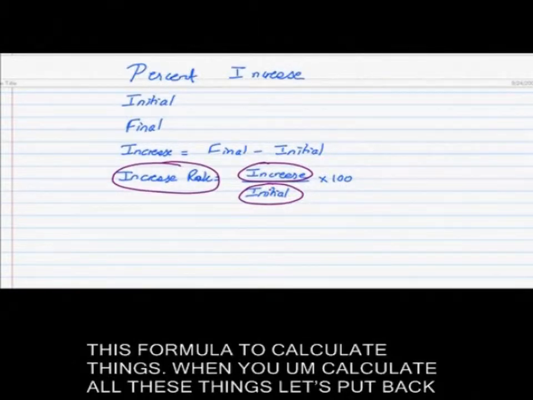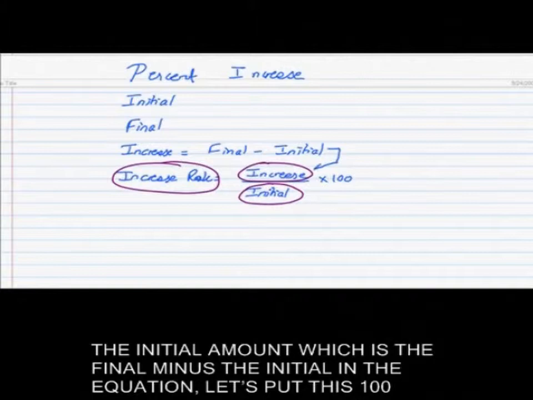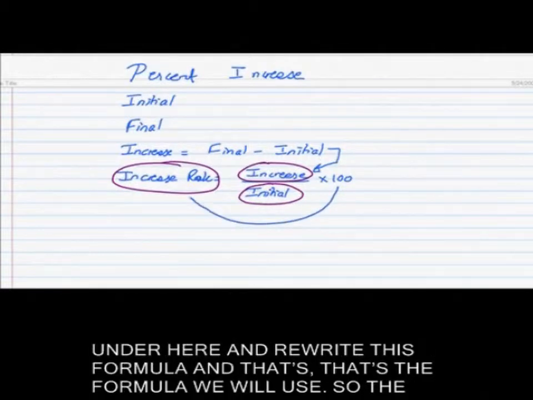When you calculate all these things, let's put back the amount of increase, which is the final minus initial, in the equation. Let's put this 100 under here and rewrite this formula, and that's the formula that we'll use.